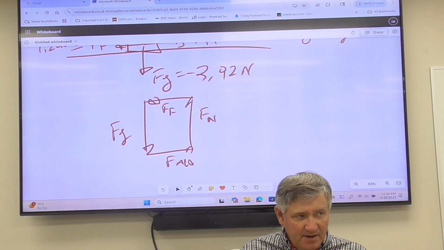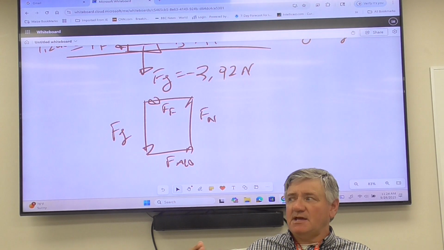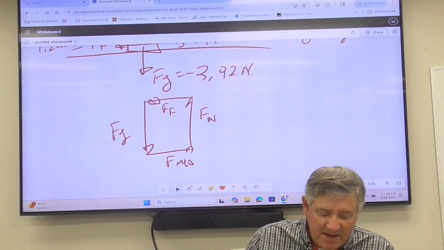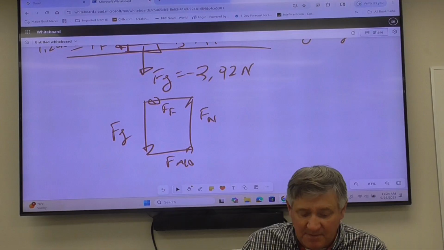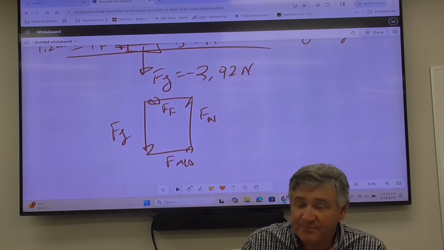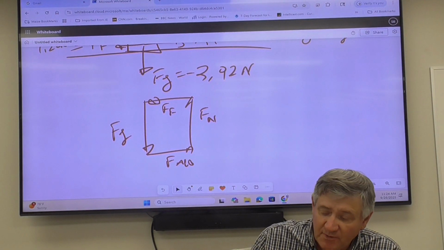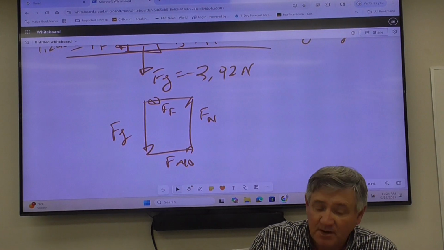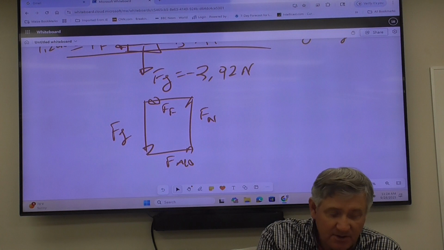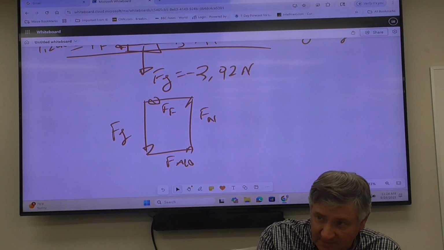And without an imbalanced force, you maintain a constant state of motion. That constant state of motion might be at rest, it might be at 5 meters per second, it might be at negative 12 meters per second. I don't know. But if all those forces drawn tip to tail, no matter how many there are, end up back at the origin, you are going to be at a constant velocity.